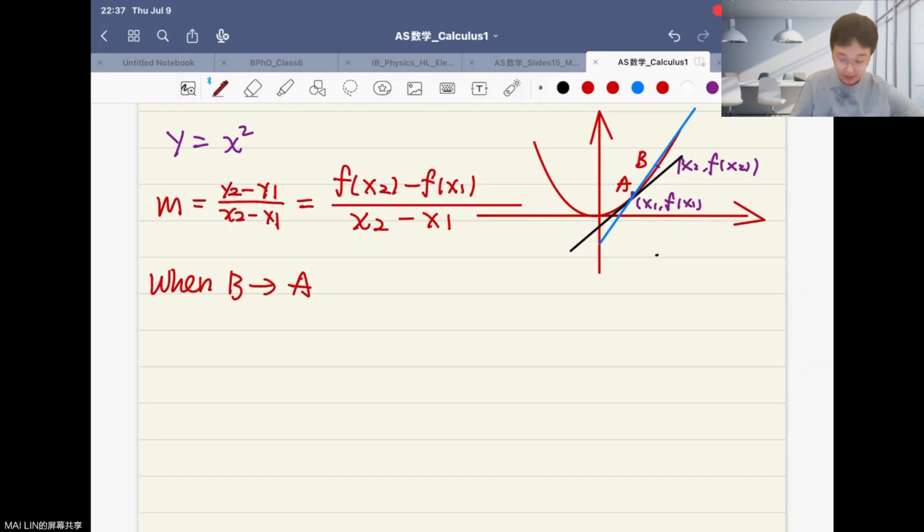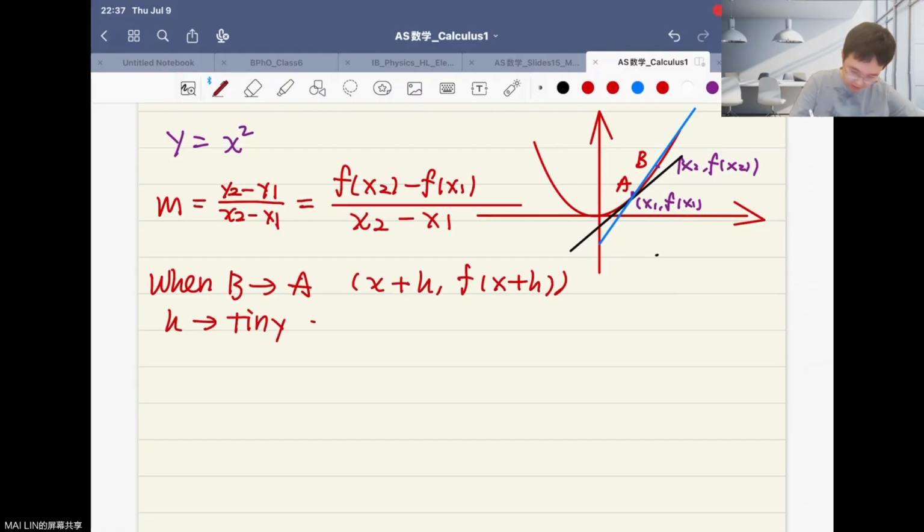So we redefine x2, f(x2) as x plus h, f(x plus h), where h means a very tiny change.